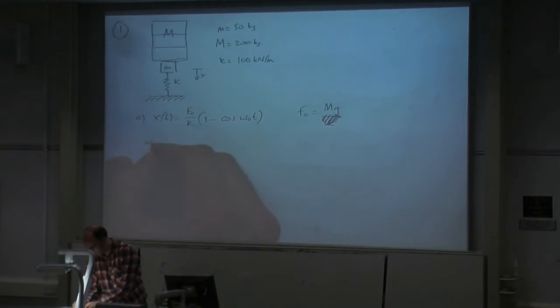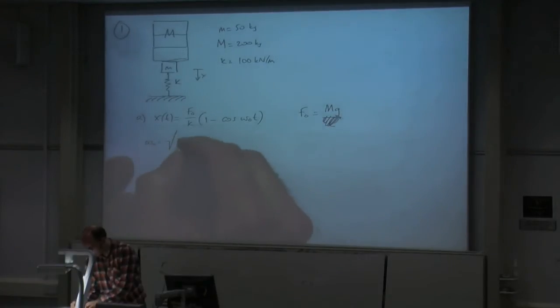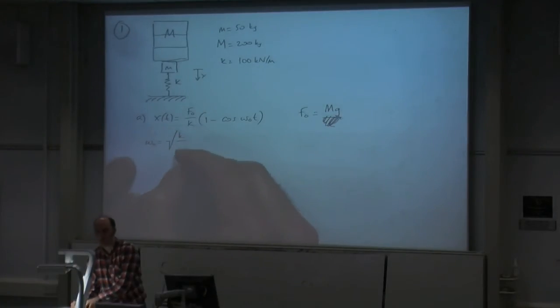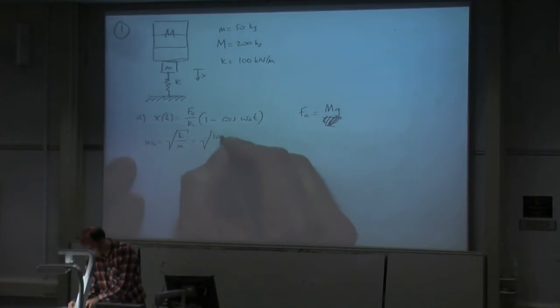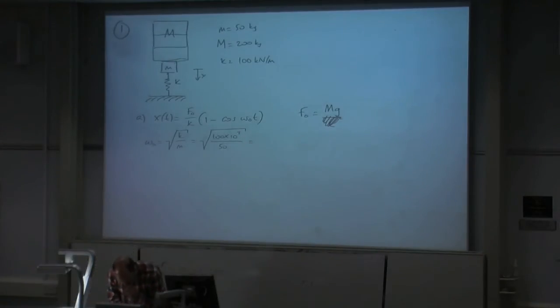Let's work out omega naught. That's root K upon which M? Small m. And if you do those sums, you get 44.72.